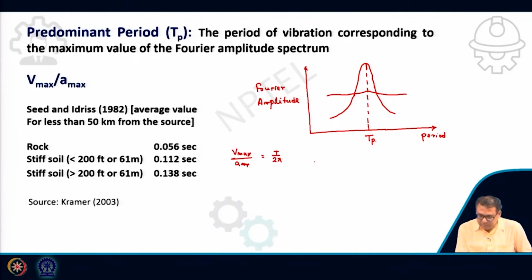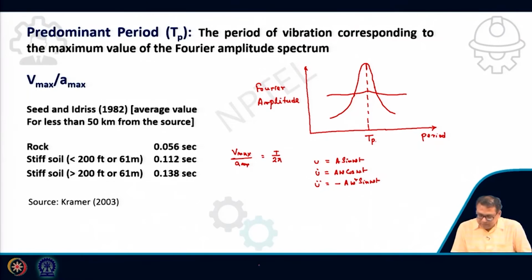Suppose we take my displacement as A sine omega t, or u(t) you can say is A sine omega t. So my u dot will be A omega cos omega t, and u double dot will be minus A omega square sine omega t.